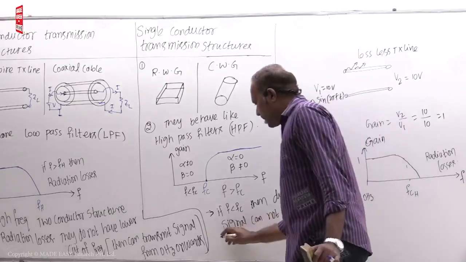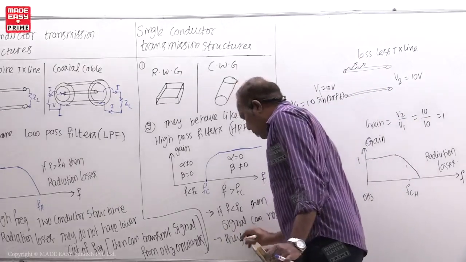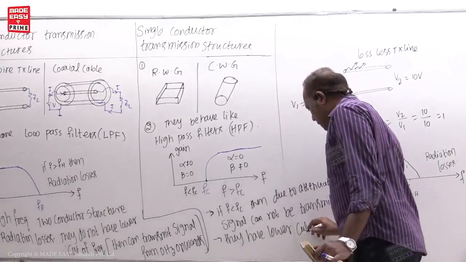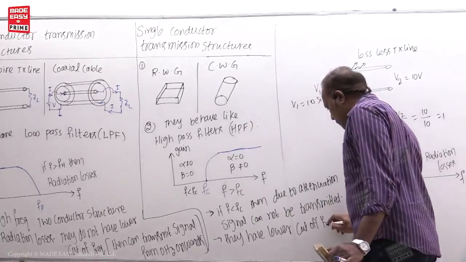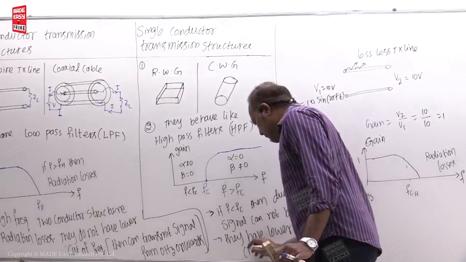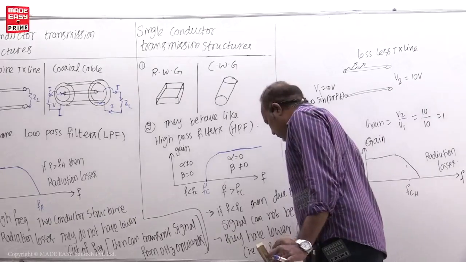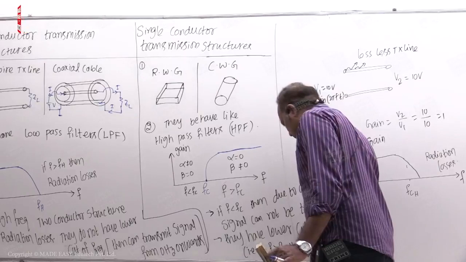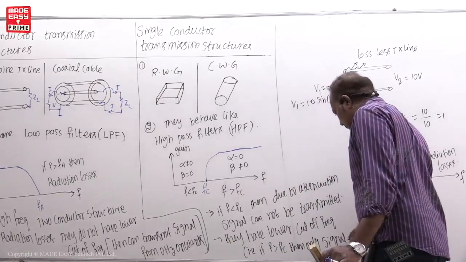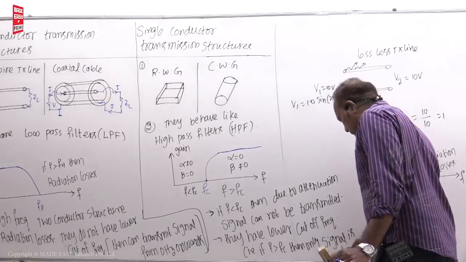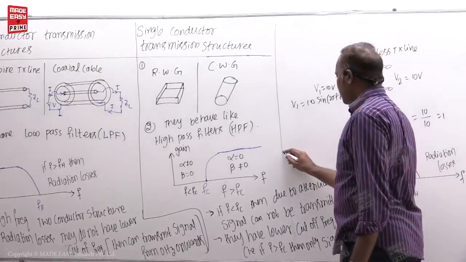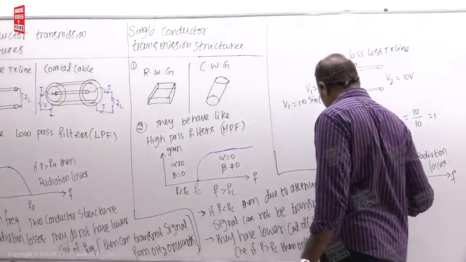Next point, they have a lower cutoff frequency. That means if F is greater than Fc, then only the signal is transmitted. That is the meaning.